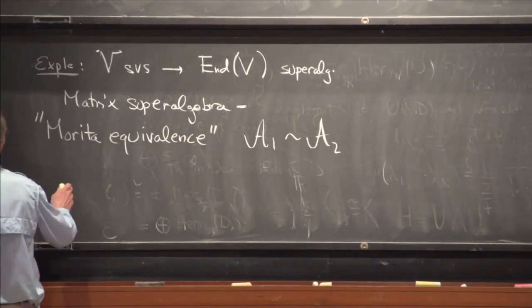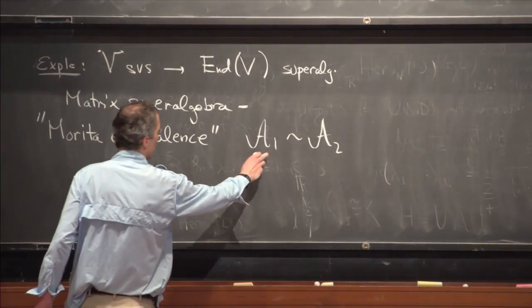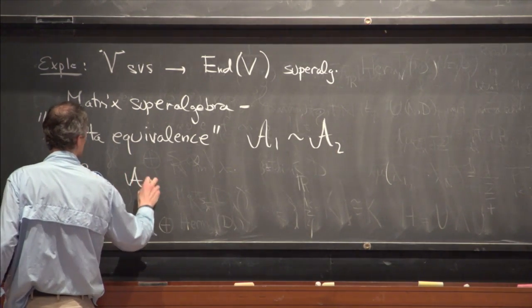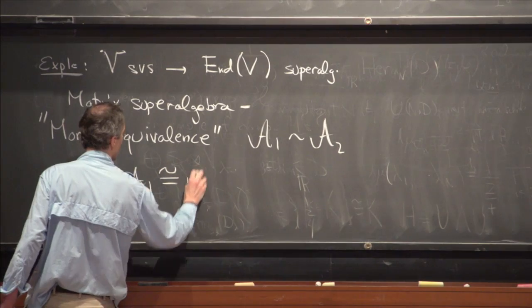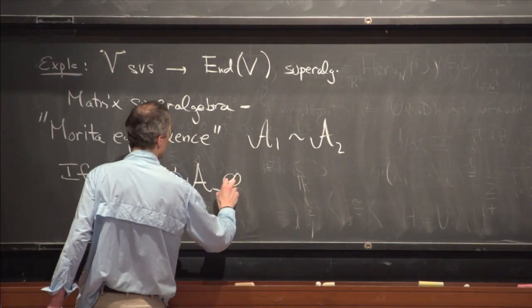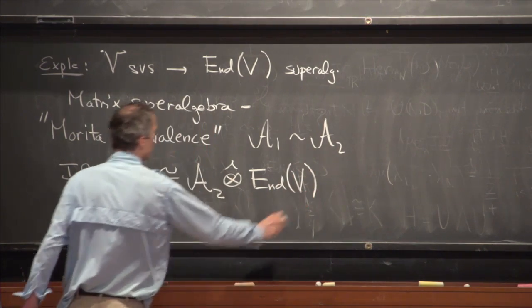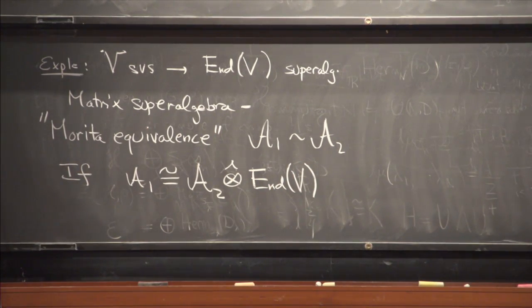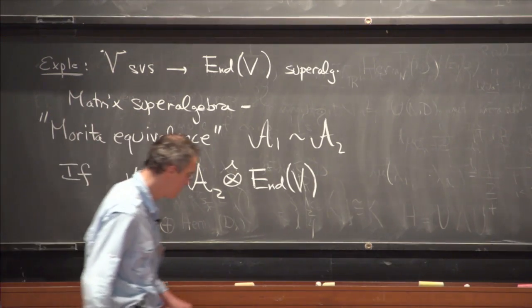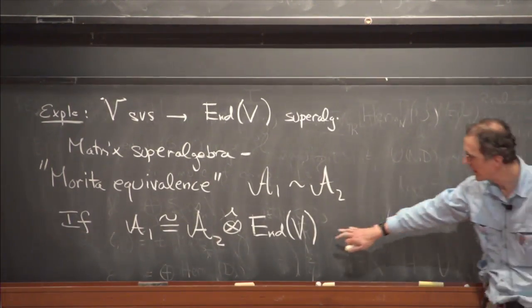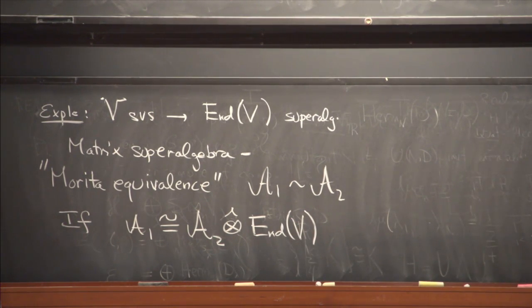All we need to know is that these will be Morita equivalent if one is a matrix superalgebra over the other. In other words, if A1 is A2 tensor hat endomorphisms of V for some vector space V, or the other way around. So that's all we need to know. Think of Morita equivalence as just saying that one is a matrix superalgebra over the other.